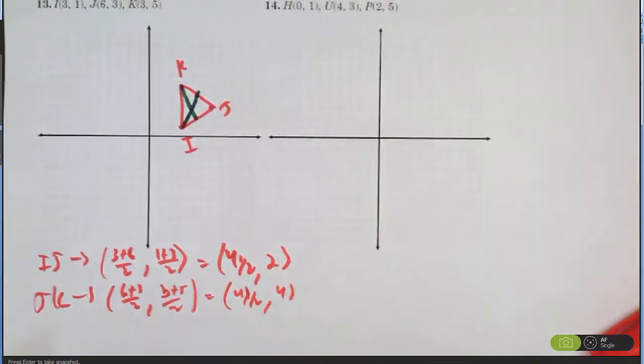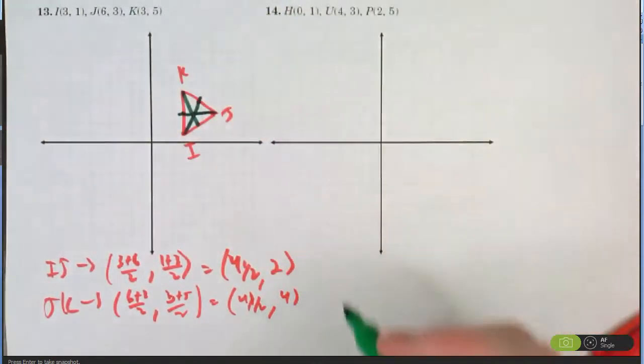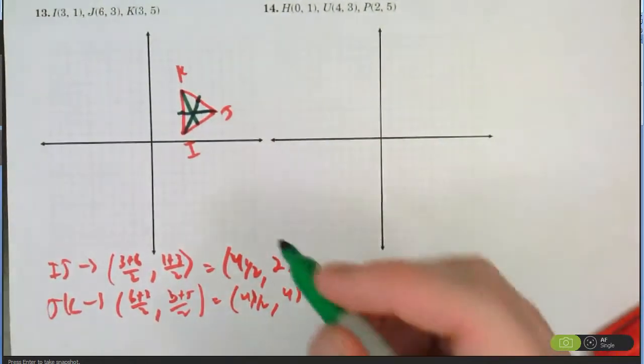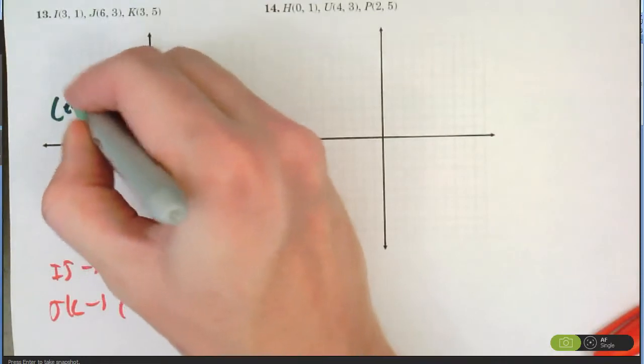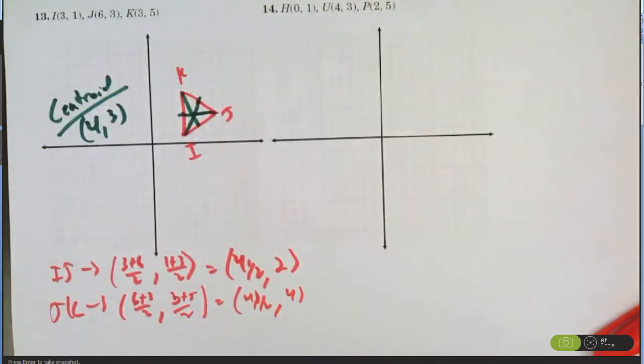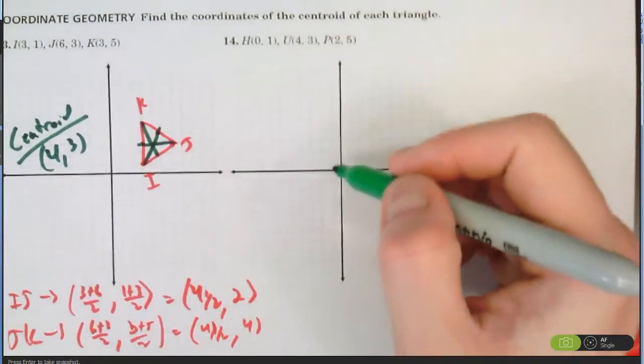And then connect those. And I can tell you that one's right there. So what I'm seeing, it looks like my centroid is 4, 3. Okay. And then do the same thing for the third side.